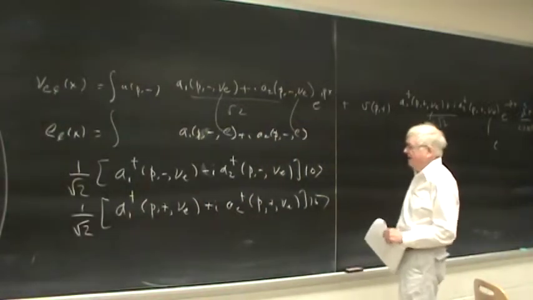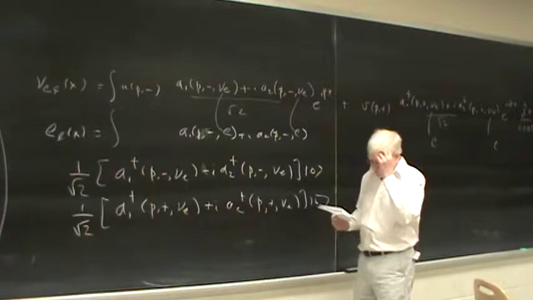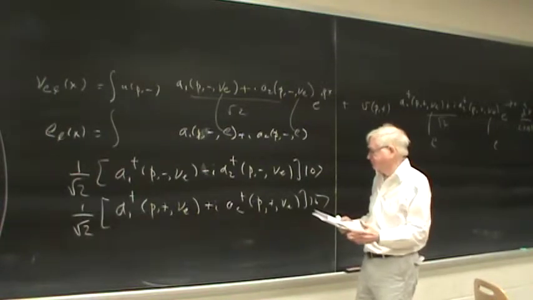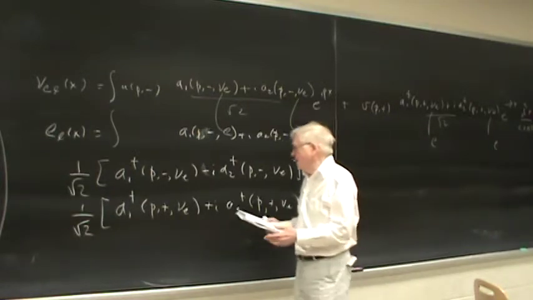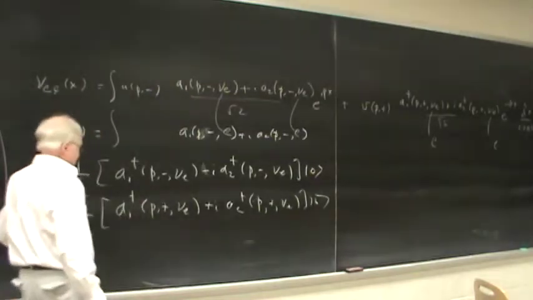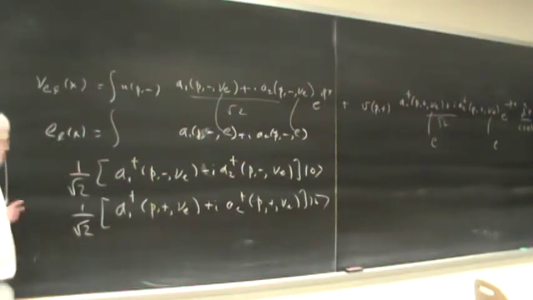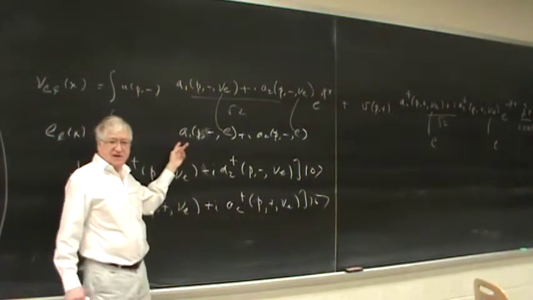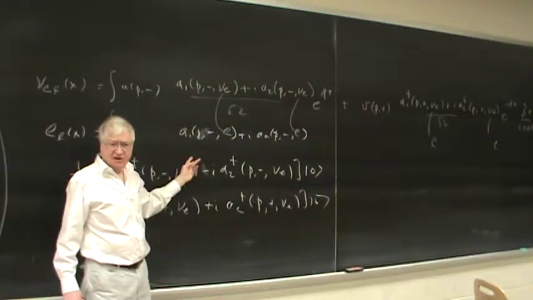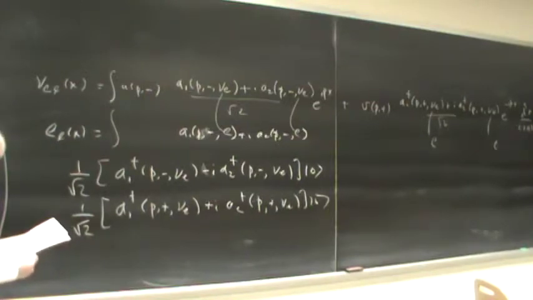So what we've got is, for each momentum, two neutrino states, this one and that one, because they can rotate into the electron. Notice I'm insisting on this linear combination because it's the one that we know exists because of the rotation from the electron field. And so that's two states.